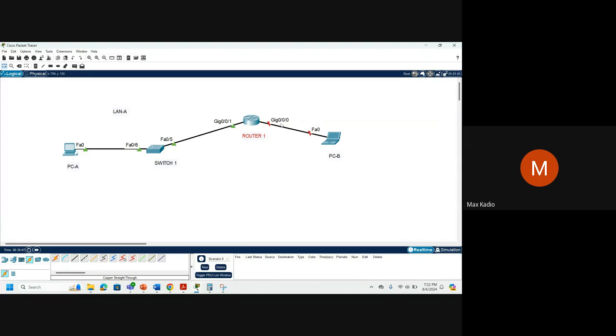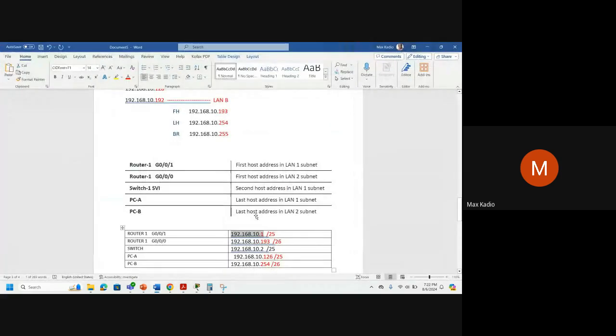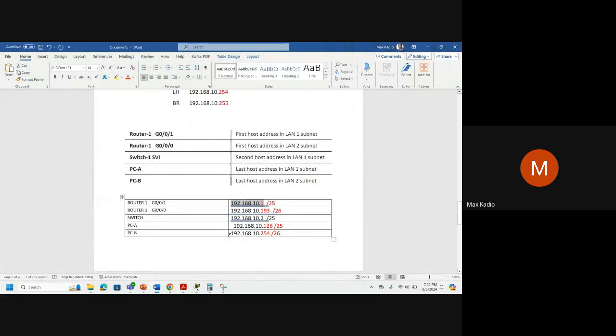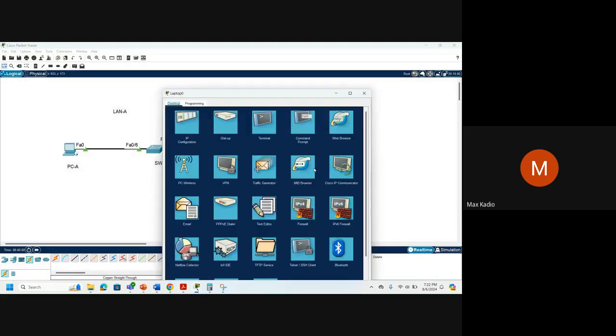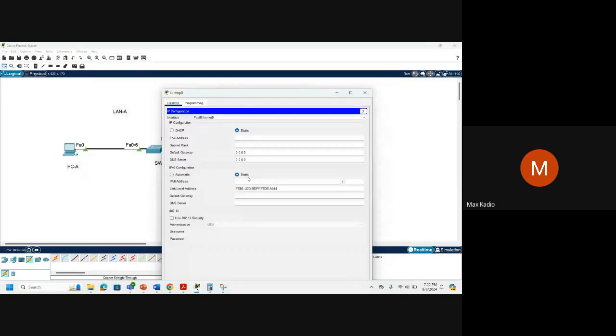So now we're going to configure PCB. So PCB is what? This is PCB. You take the IP address and you put it here. And we say slash 26.